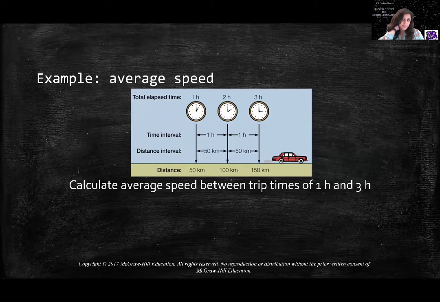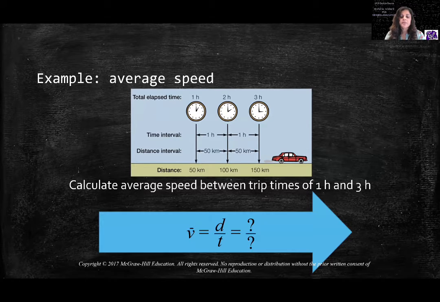So we did this before. We calculated the average speed between times 1 hour and 3 hours. We just calculated this example and we saw it was 50 kilometers per hour. So I'm not going to repeat that here, but technically that's the equation that we use. I included the delta values in front of these because I want you to know that it's the change in position.